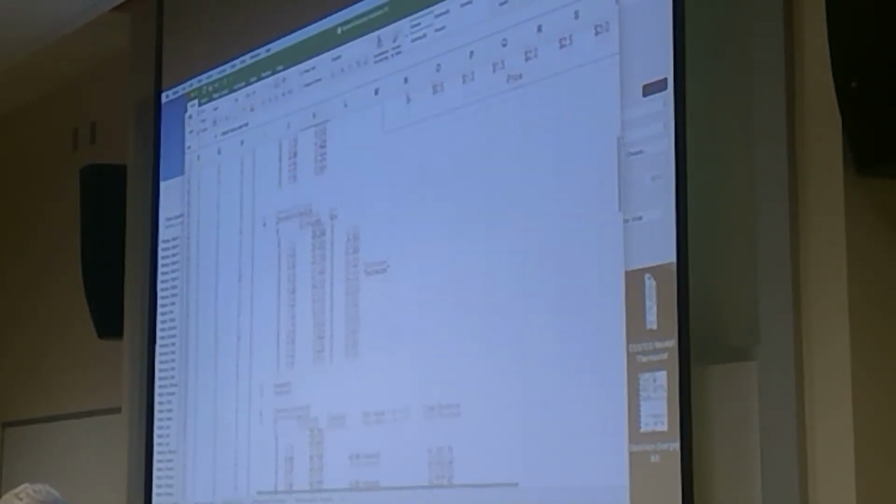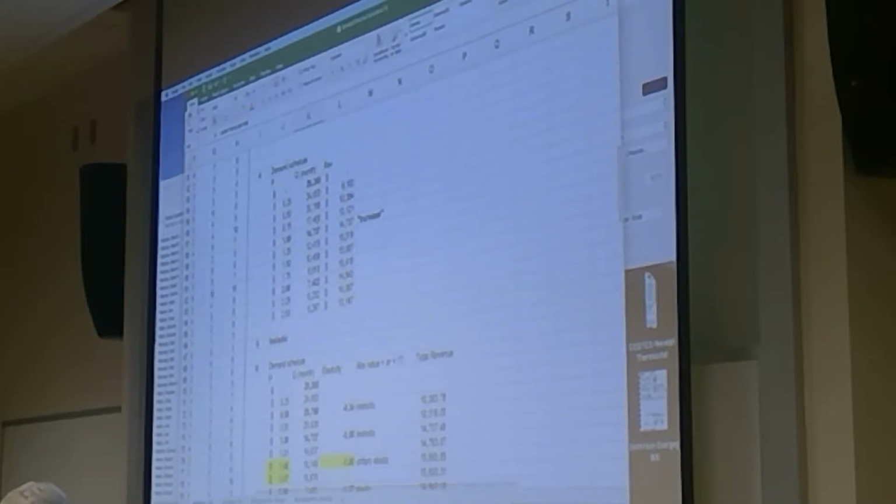Number 4. On number 4, it's just asking you, what if you were charging $1 and then you increased price? What would happen to revenue? So if you just do a little table like this, like you've done before, same formula here. And for revenue, revenue is just price times quantity.